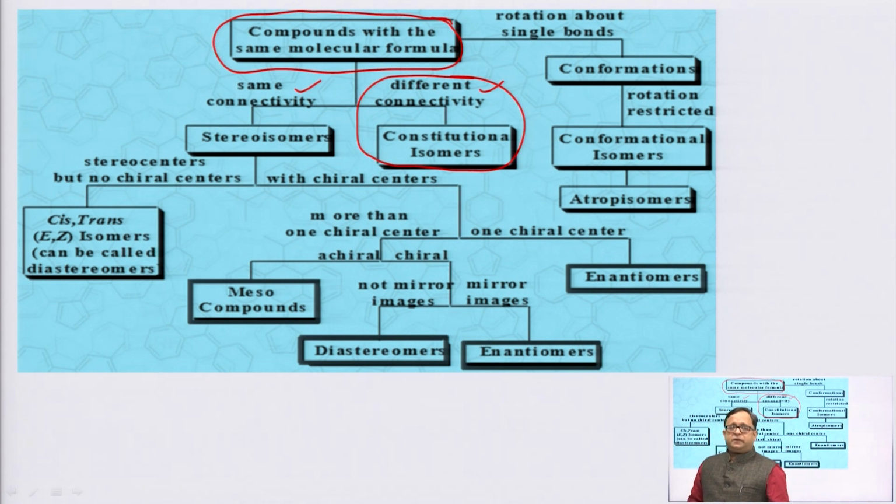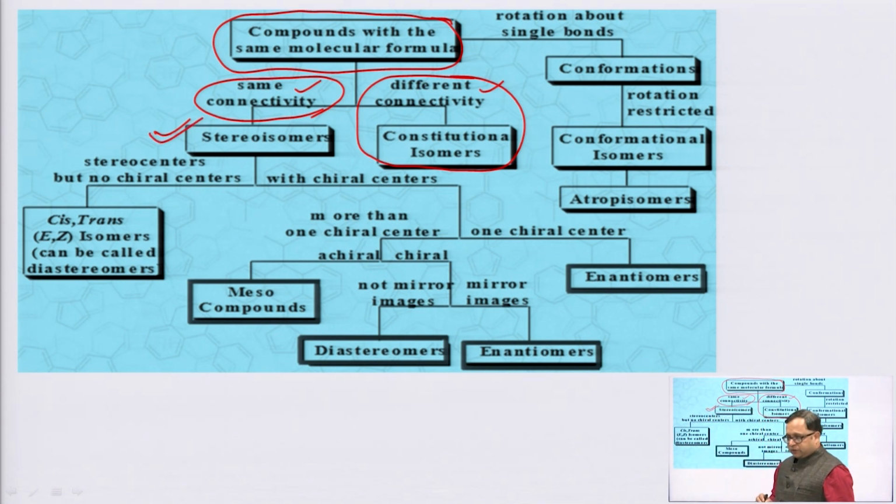But what happens if they possess the same connectivity? They are called stereoisomers. So, till now we have covered that compounds with different connectivity are called constitutional isomers, and compounds with the same connectivity are called stereoisomers.